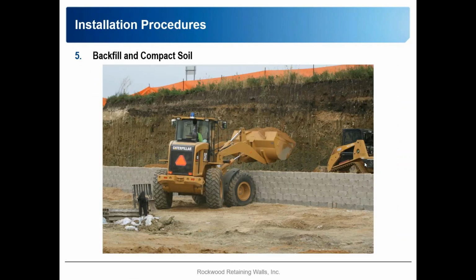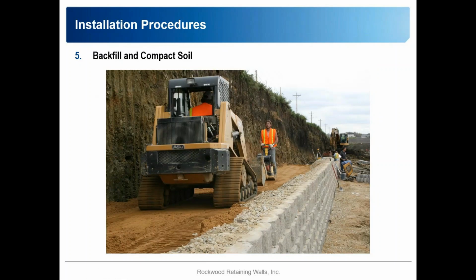On this particular site, the delivery method for the backfill was a front end loader, over the face of the wall. And they have a Bobcat behind the wall, leveling that out as they're going. Here's another photo of that. So the front end loader dumps it over, and the Bobcat keeps that material level. And that's important too. This is a fairly heavy piece of equipment.